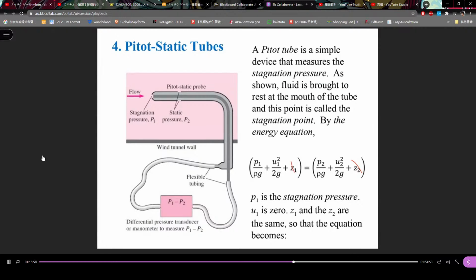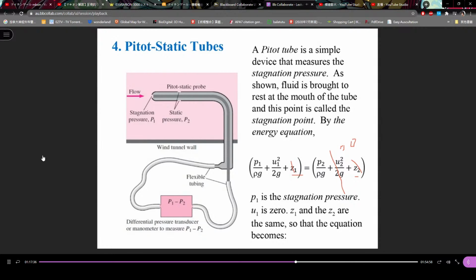We neglect the potential energy difference because they are the same. Don't say we neglect the potential energy. We simply neglect the potential energy difference of the two points because they are very, very close. It may be horizontal, maybe not, but very close. Usually horizontal. And this value must be 0 because it's stagnation, no flow, 0.